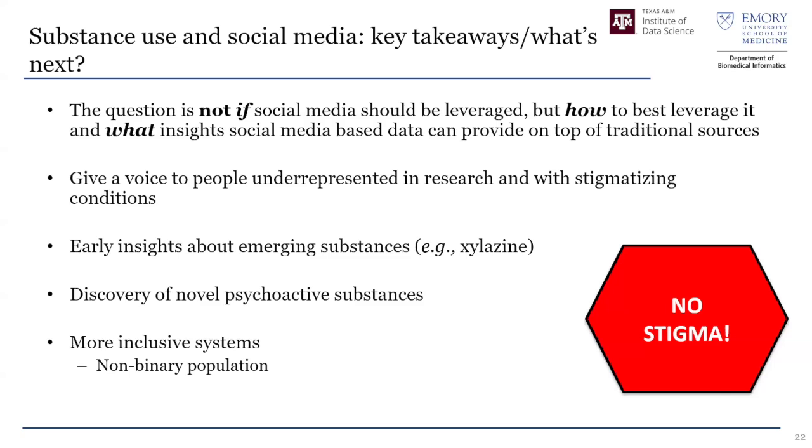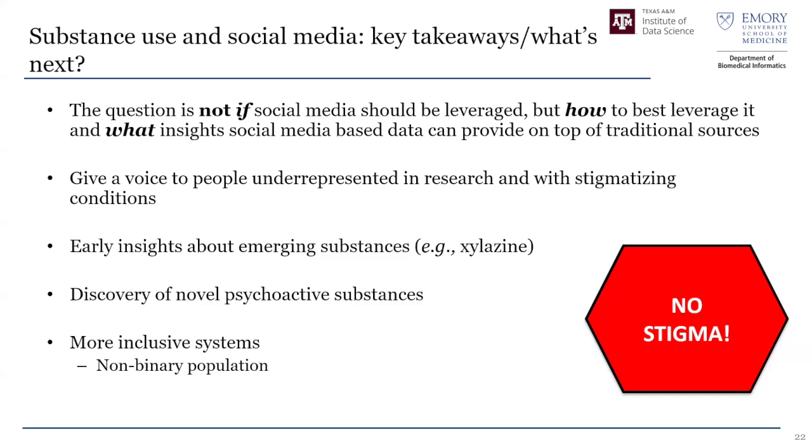Another thing we're working on is building more inclusive systems. In the substance use space, women were excluded from research for a long time. Now they're included, but non-binary populations are excluded from survey-type metrics and things like that. That is where we can use social media.